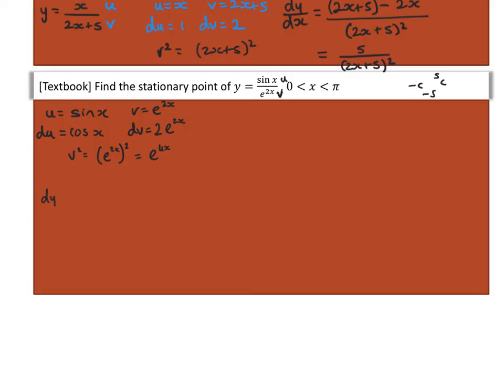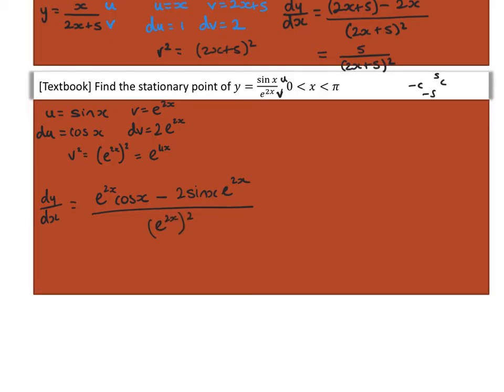So that means my differential equals v du, e to the 2x cos x, minus u dv, 2 sine x e to the 2x, over v squared, e to the 2x all squared.